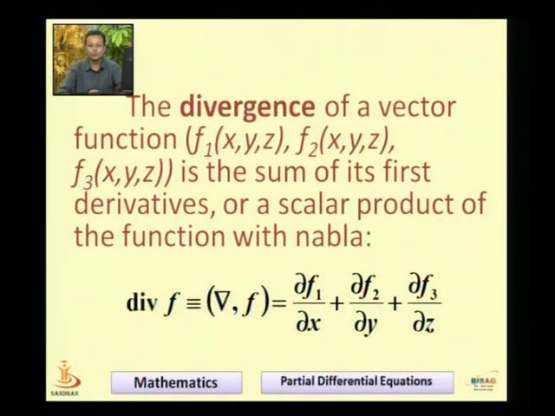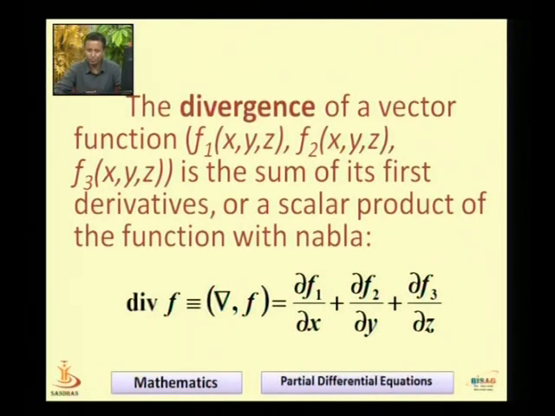So the divergence is defined for a vector point function, and it is the sum of its first derivatives, or the scalar product of the function with nabla. The given vector point function and its dot product with nabla is the divergence of that vector point function, and it is a scalar value.